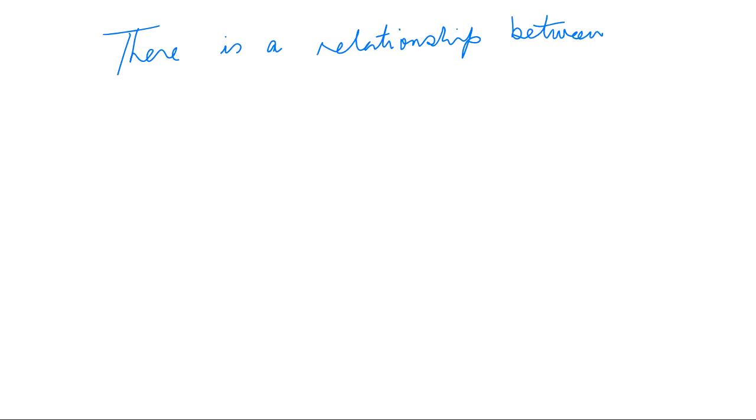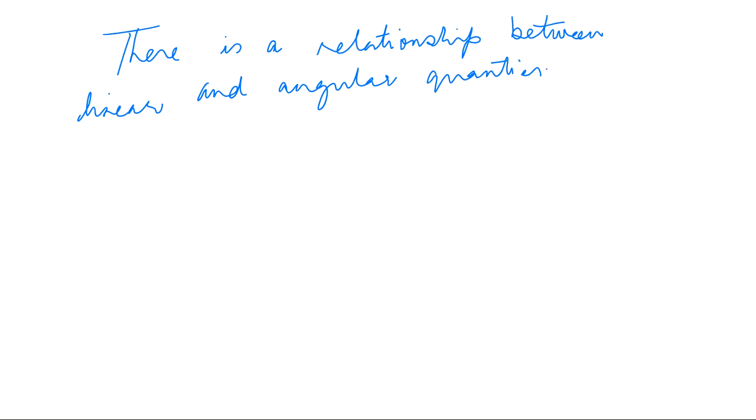So understanding this, there is a relationship between linear and angular quantities. How?